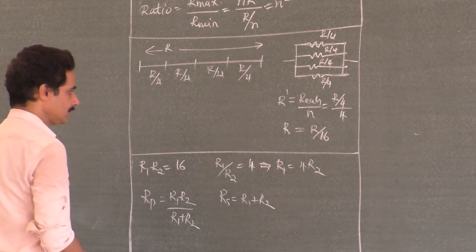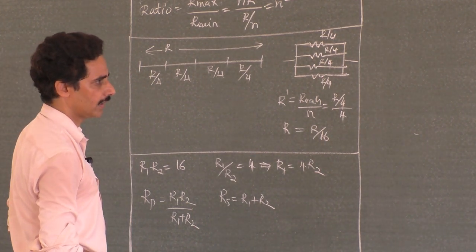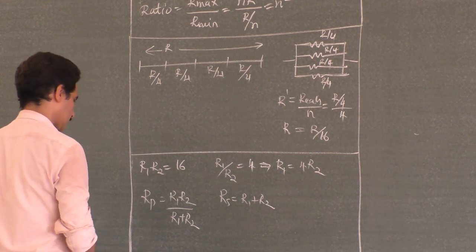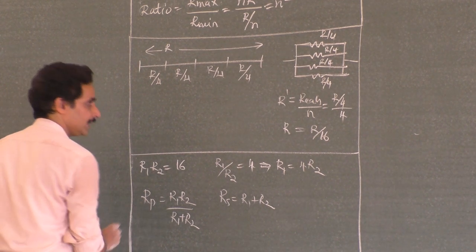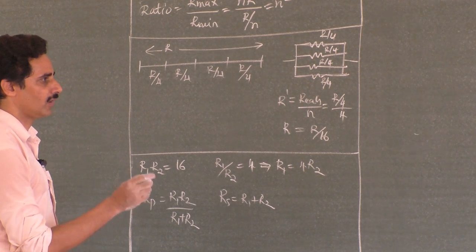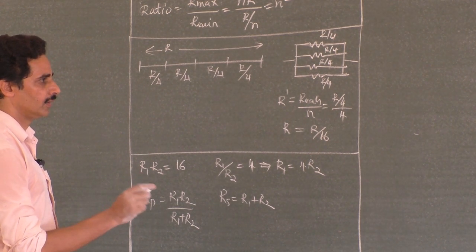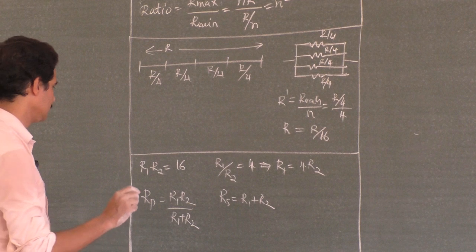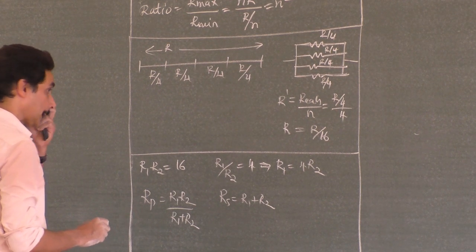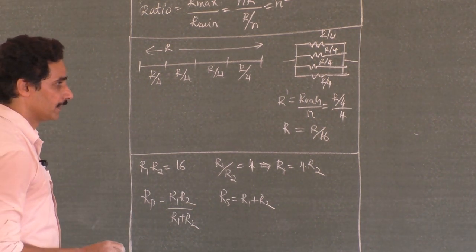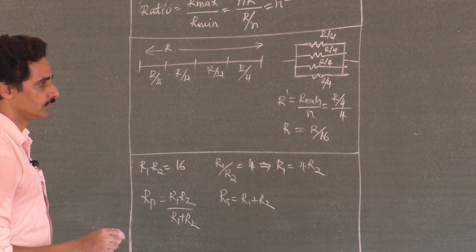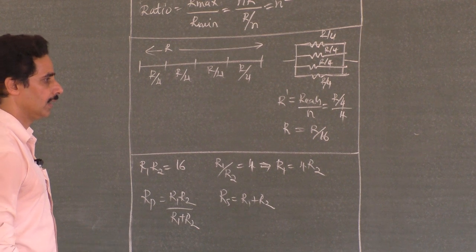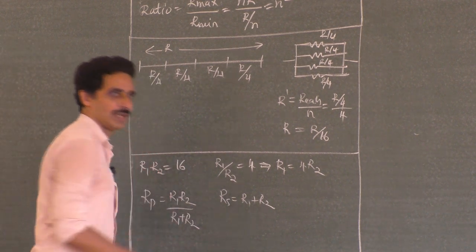Now Rs and Rp values are not given, and you have to calculate the individual resistances. Yeah, the first method itself is okay.